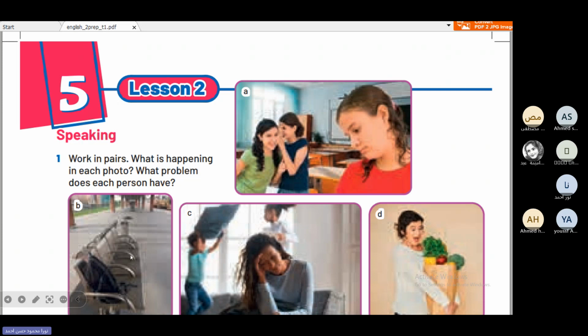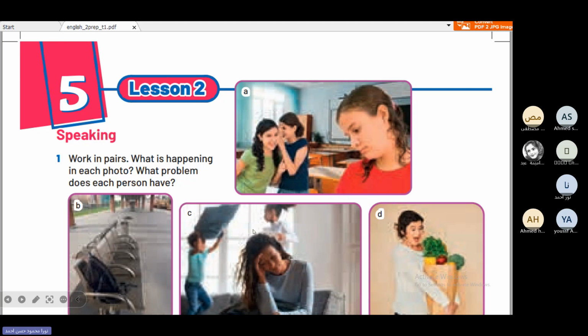Okay, what can you see here? These are empty chairs, right? But here there is a bag. Yeah, someone might have forgotten it. Someone might have forgotten his bag. Okay, what about this photo? What can you see?